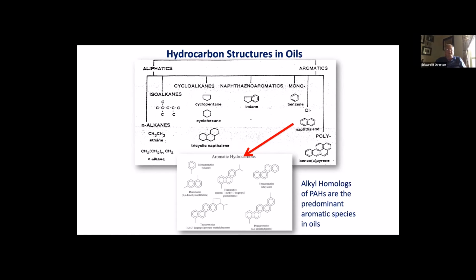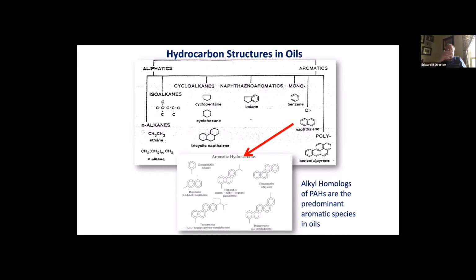In this slide, we'll start off with the most common and the most concentrated individual compounds in oil, and that would be the normal alkanes. Normal alkanes are carbon and hydrogen compounds that are stretched in a linear structure, right?